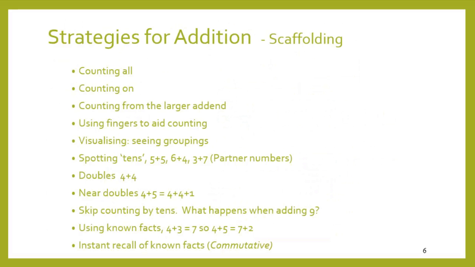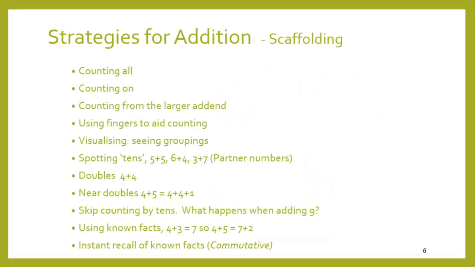There are many strategies: counting all, counting on, counting from the larger addend. It's much easier on a number line to begin with the larger number and add on the smaller amount. Early on, there's nothing wrong with students using fingers to aid in counting. We want them to be able to spot the tens, look at the partner numbers, they're often referred to as the rainbow numbers.